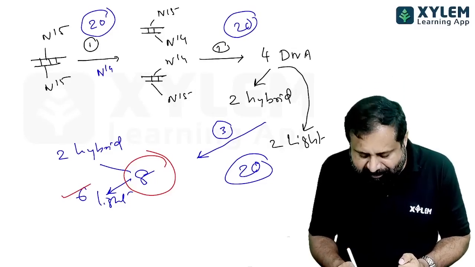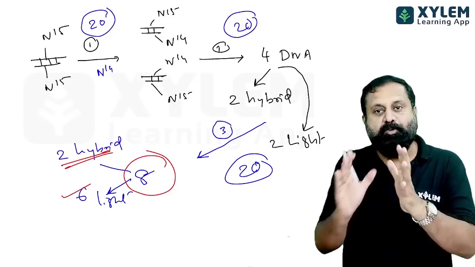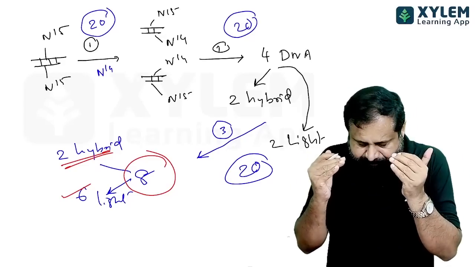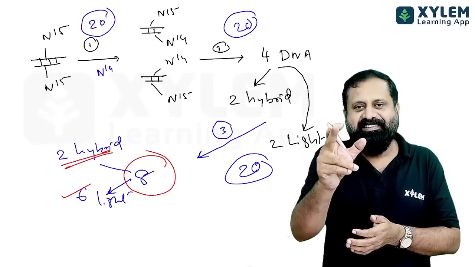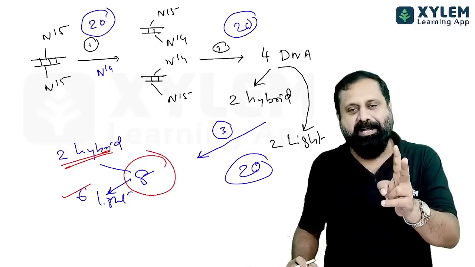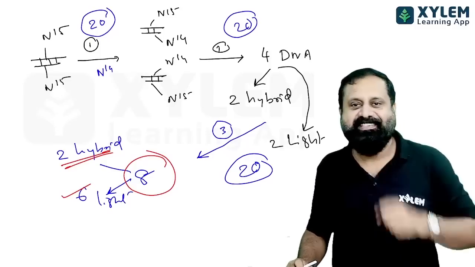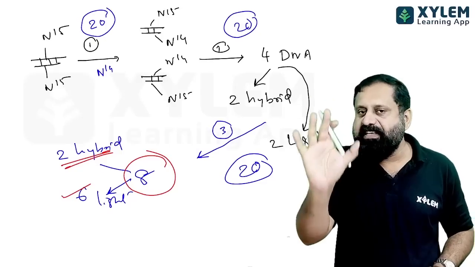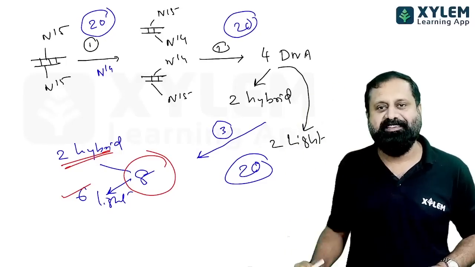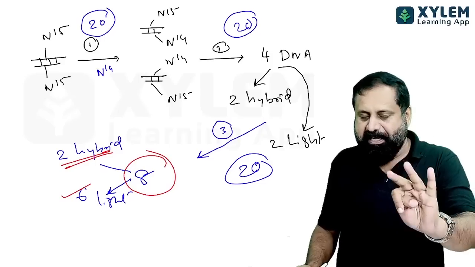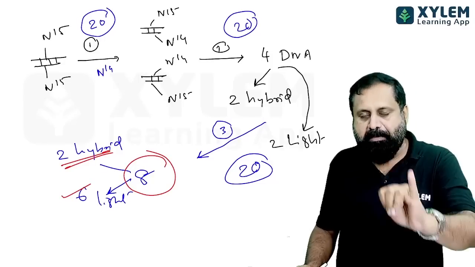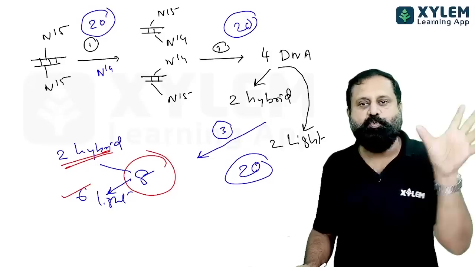How many are hybrid? 2 are hybrid. If the question is asking after the 5th replication, you will get 32 DNA, 2 are hybrid, 30 are light. Just remember, always the number of hybrid is 2. Okay, clear? Whether it is the first, second, third, or fourth replication, the result is hybrid always 2.